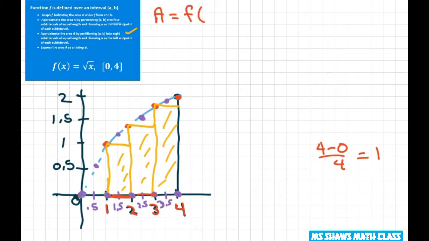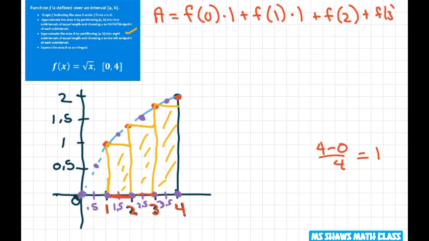So we're doing f of 0 times 1 plus f of 1 times 1 plus f of 2 times 1 plus f of 3 times 1. F of 0 is just 0.